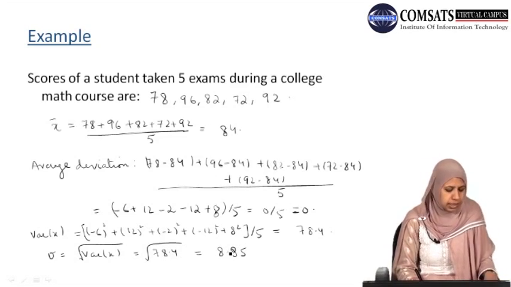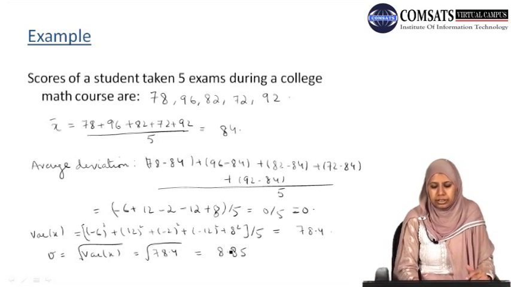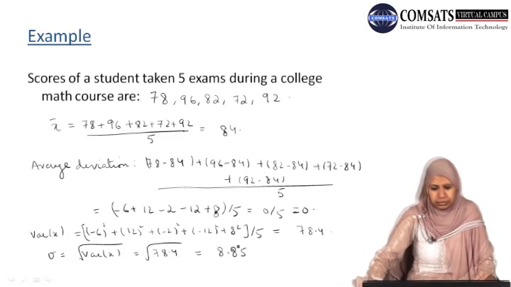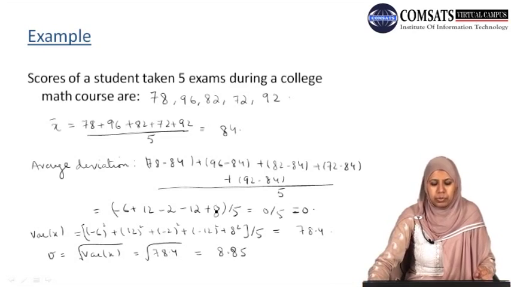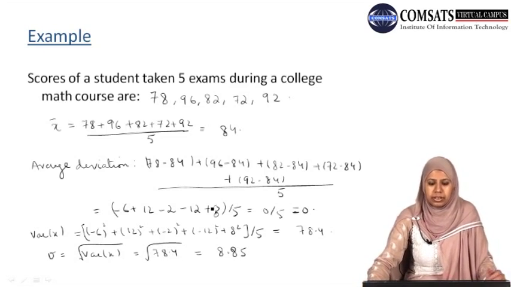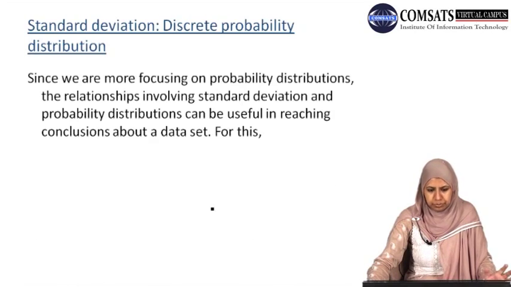So this tells us that each point is spread about 8.85 units from the mean. So with the help of data points, we can easily calculate the standard deviation by first calculating their mean.